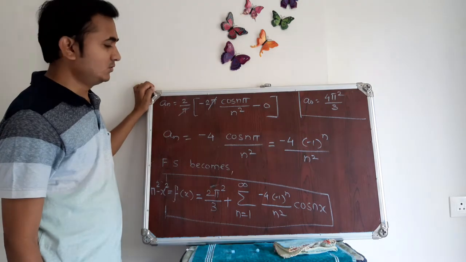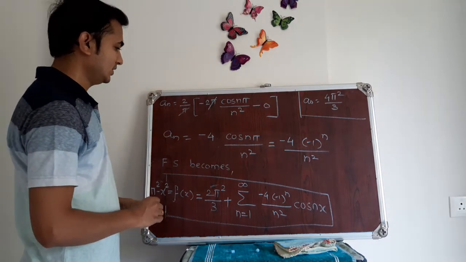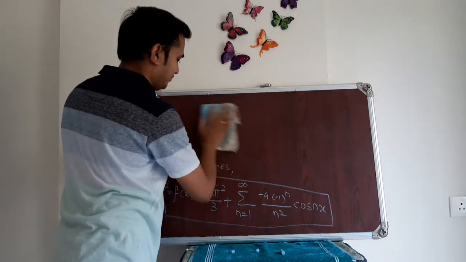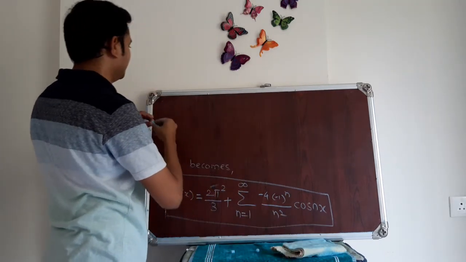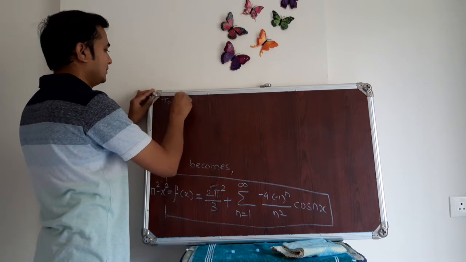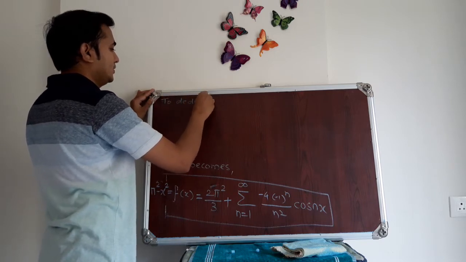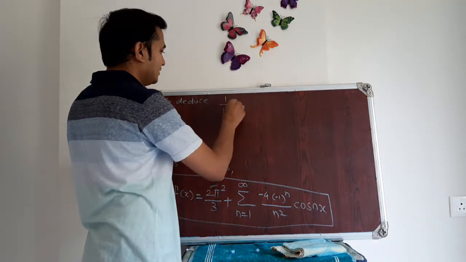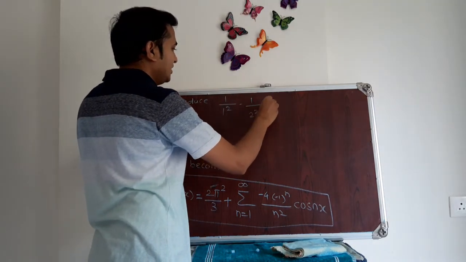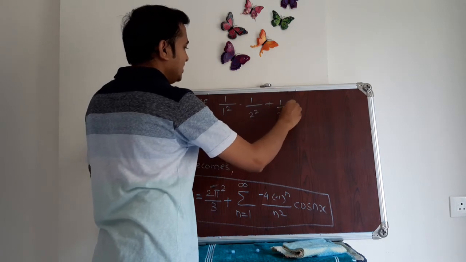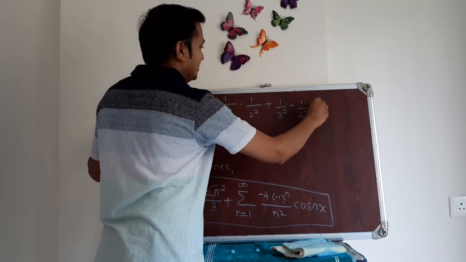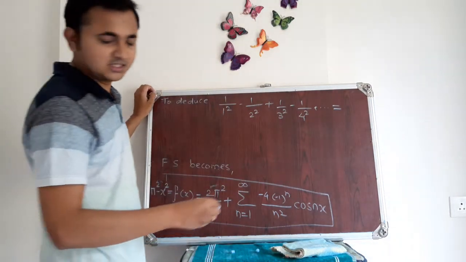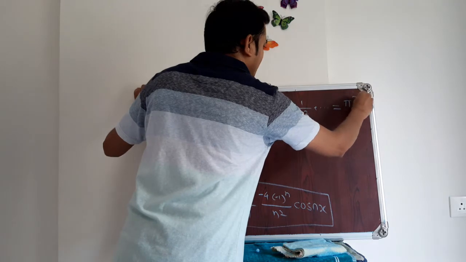Now there were two deductions. What was that first deduction? So to deduce, what is the first result? 1 upon 1 square minus 1 upon 2 square plus 1 by 3 square minus 1 by 4 square and so on, and this infinite series sum is pi square by 12.